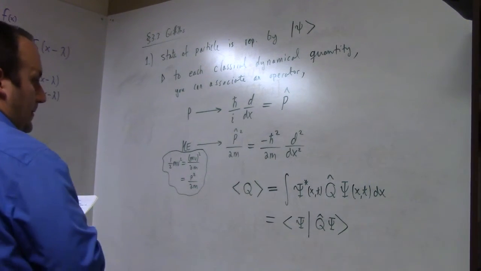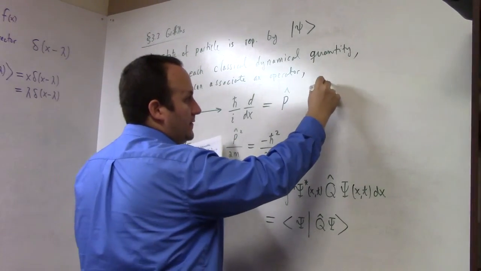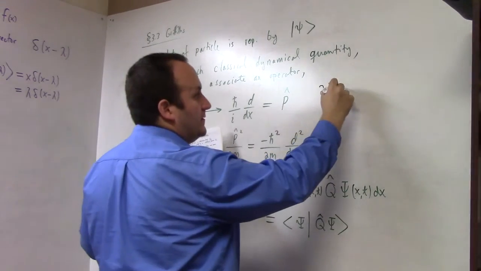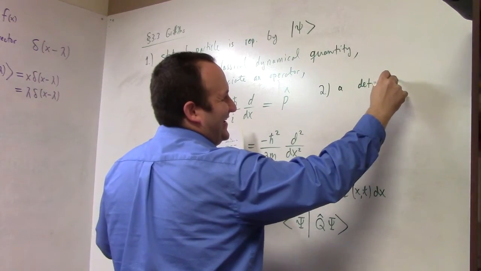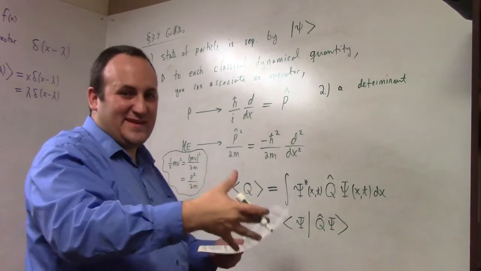2.2, which I will try to squeeze in here. A determinate state. Not like the determinant of a matrix, but like a determined state.